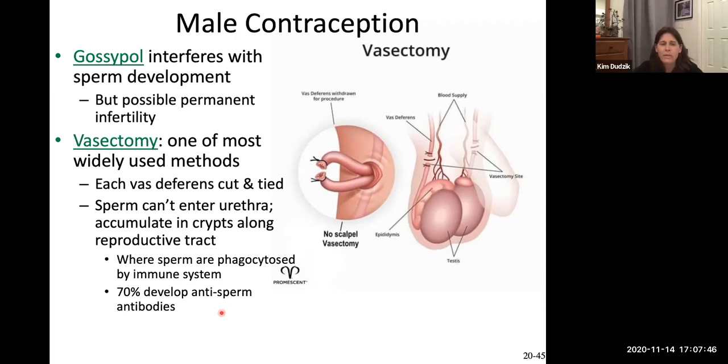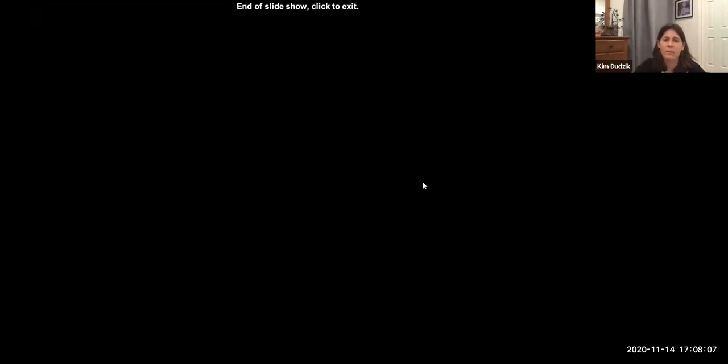And so this function of developing sperm actually gets less and less over time as well. So it's a very simple procedure. I don't even think there are any stitches on the outside here. It's just cutting the ends of the vas deferens.